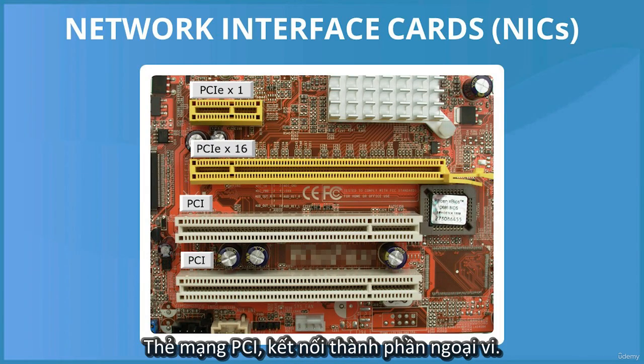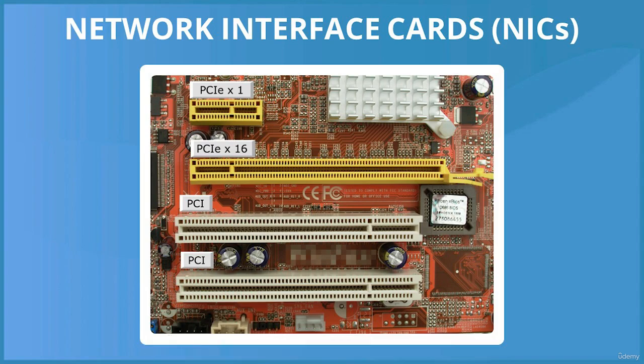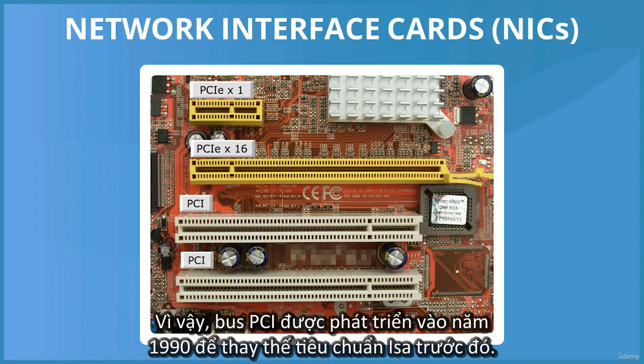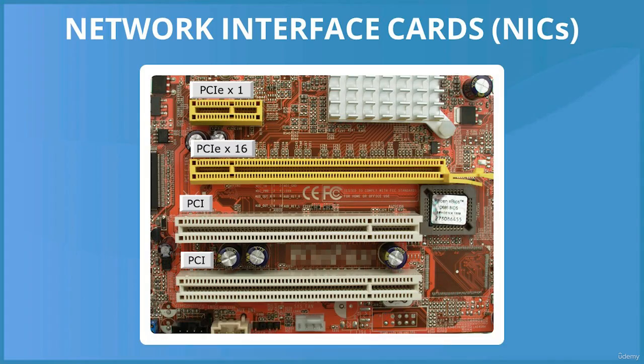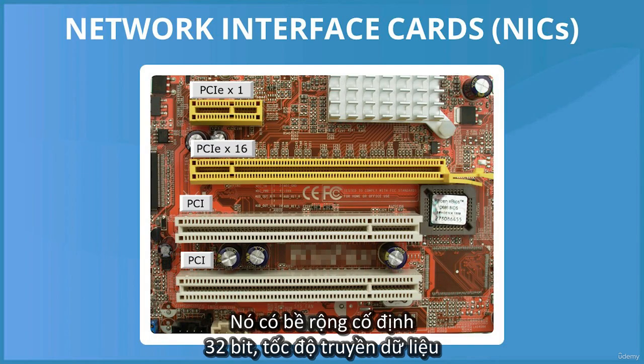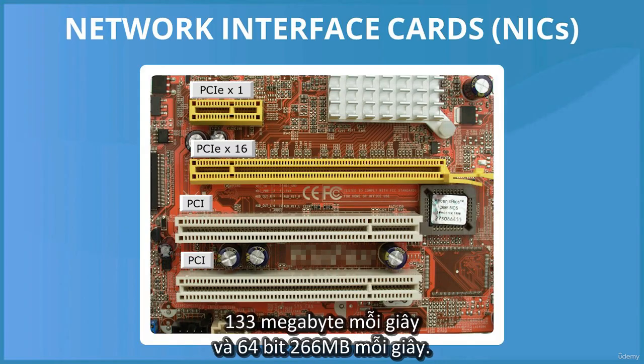PCI, Peripheral Component Interconnect Network Card. The PCI bus was developed in 1990 to replace the previous ISA standard. It has a fixed width of 32-bit at 133 megabytes per second transmission data, and 64-bit at 266 megabytes per second transmission data.